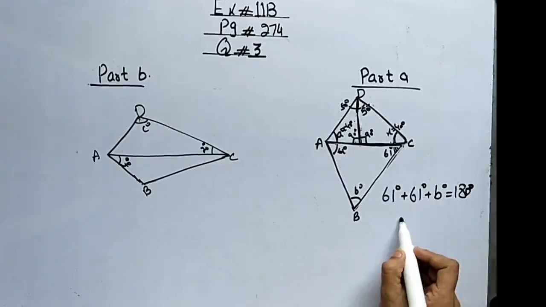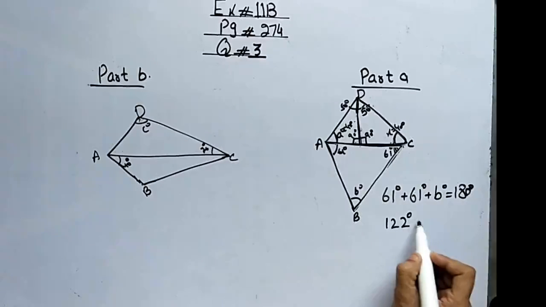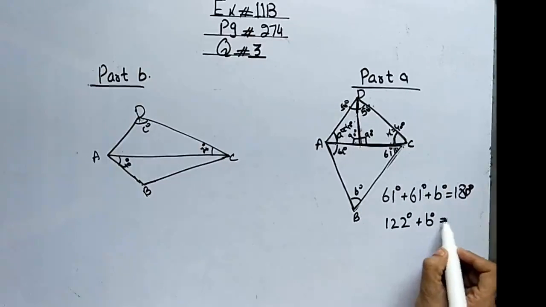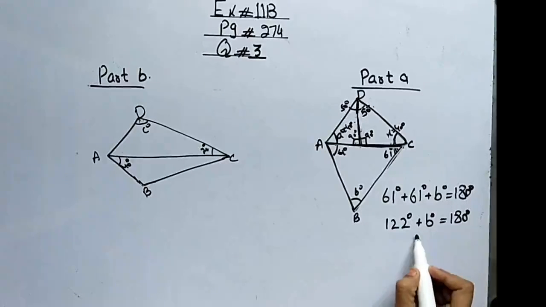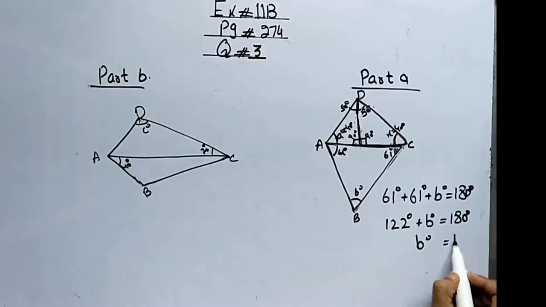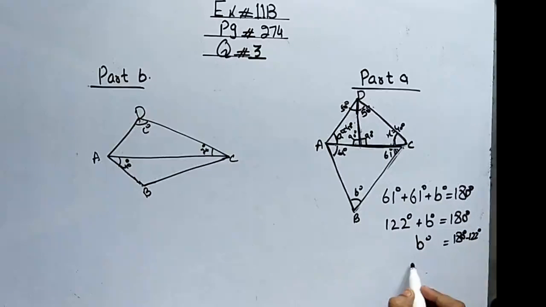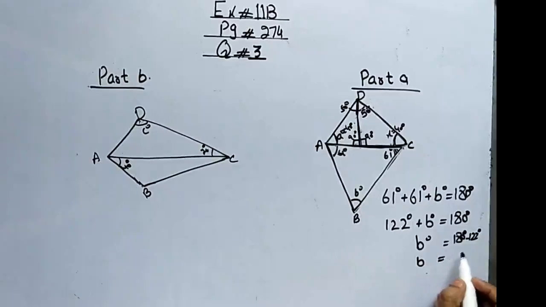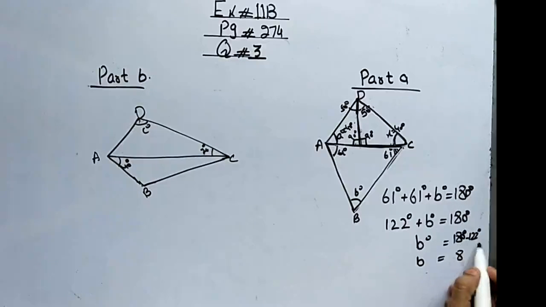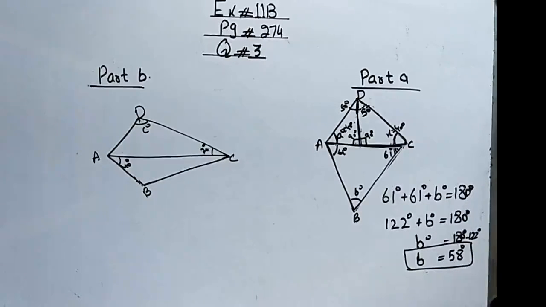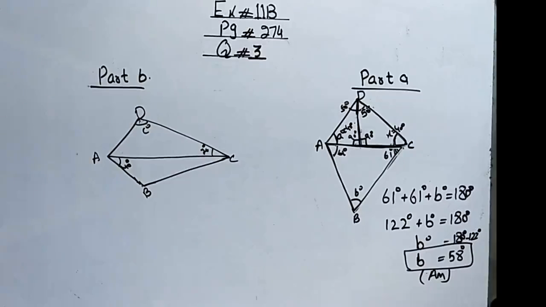So add these two angles: 122 plus B is equal to 180 degrees. So B is equal to 180 degrees minus 122 degrees. What will be the answer? B is equal to 58 degrees. This is your final answer. Got it, beta? Okay.